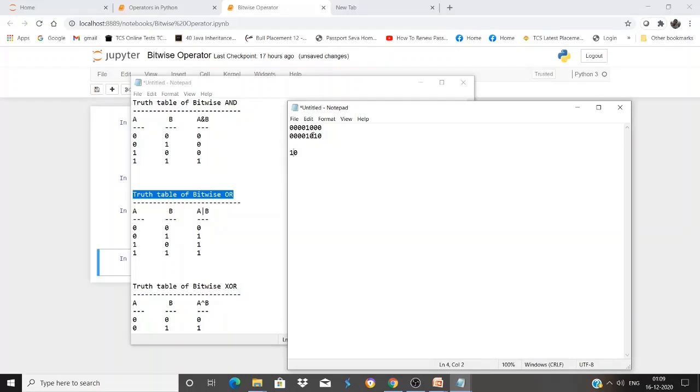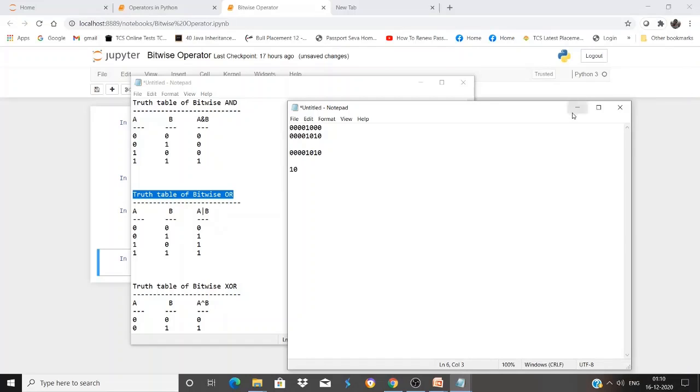So the output bit will be 1. Then we have both 0, so we'll again write 0. Then we have both 1, so it will be 1. And for the rest of the bits we have both zeros, so it will again all be 0. Now if we convert this output binary to decimal, we will get 10.